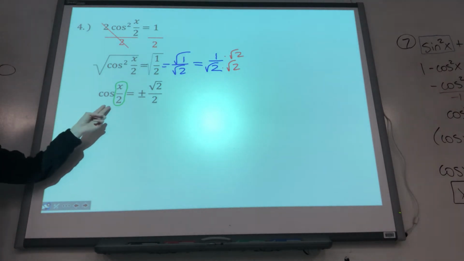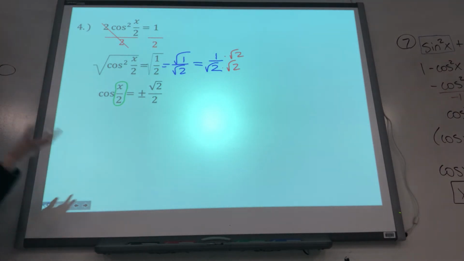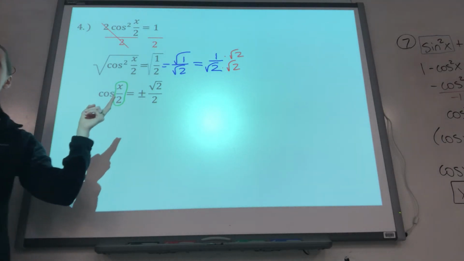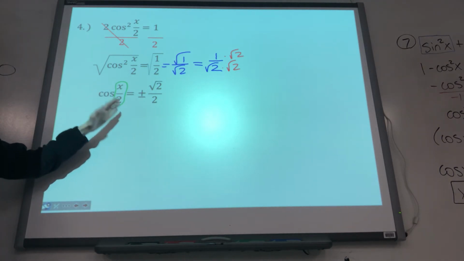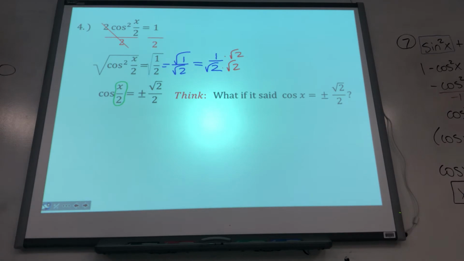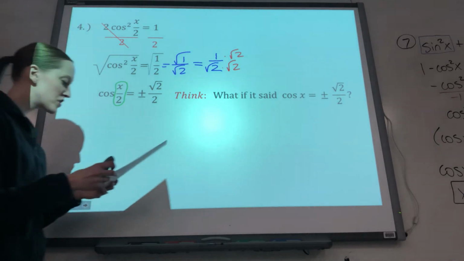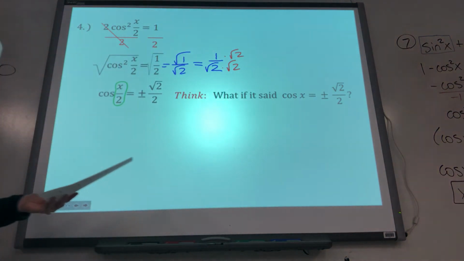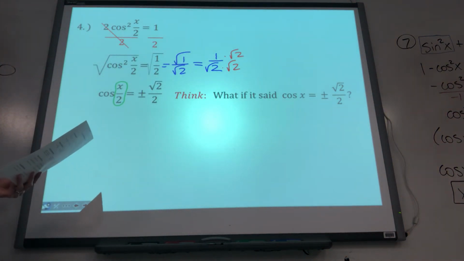Here again, it's not just x. It's x over 2, or you can think of that as 1/2 times x. It's a multiple angle equation. So first of all, I want to look at the unit circle and search for where cosine is positive square root of 2 over 2 or negative.